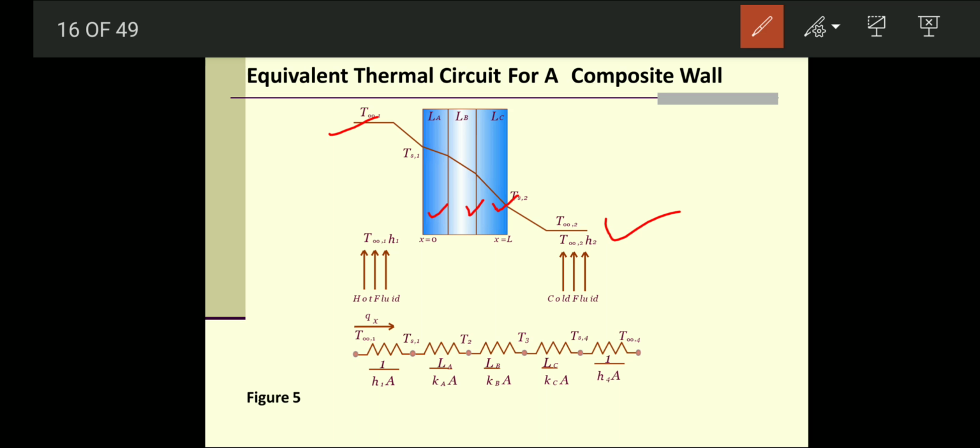Hot fluid is on this side and cold fluid on the second side. So here is the convection, because convection is the heat transfer from surface to the fluid when the fluid is in motion. Also let H1 be the heat transfer coefficient on the hot fluid side and H2 the heat transfer coefficient on the cold fluid side.